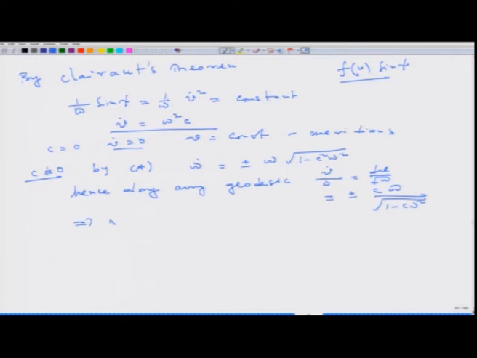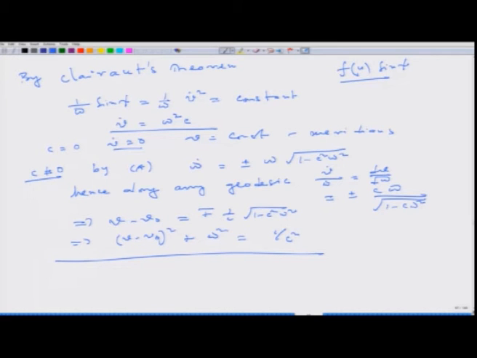If you solve it, you get (v minus v naught) square plus w square equal to 1 by c square.